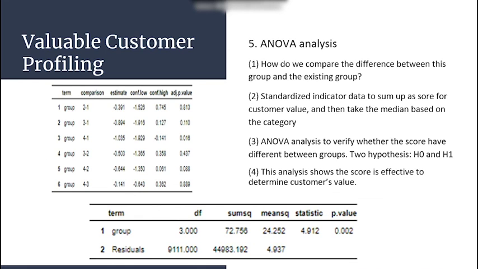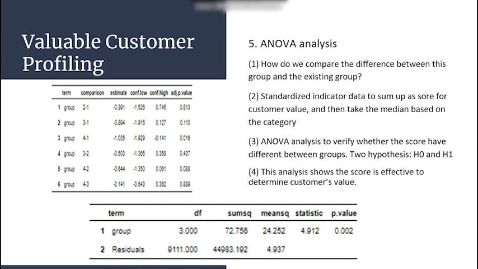In terms of ANOVA analysis, based on the similarity matching analysis in the previous step, we divided the customers and found the most valuable customer group. However, how do we compare the difference between this group and the existing groups?